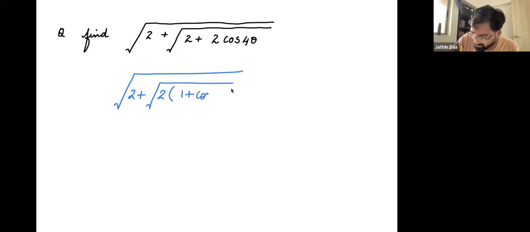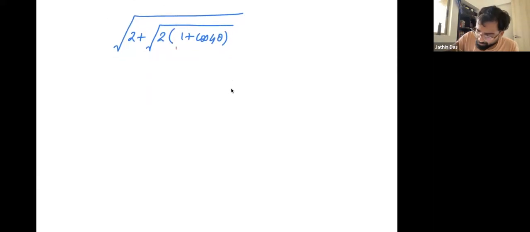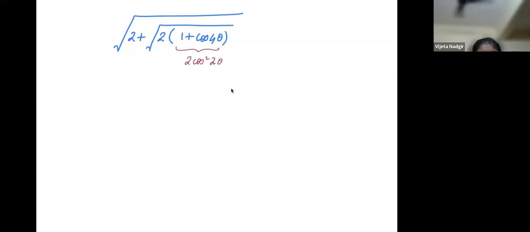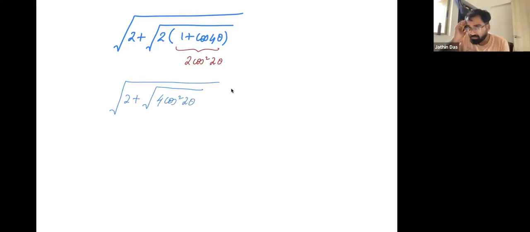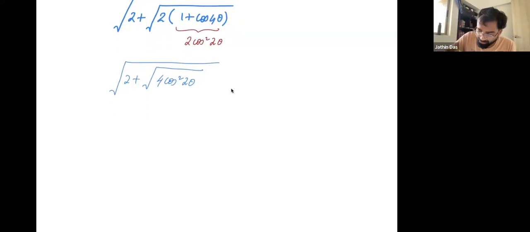Here I can take 2 common. So 1 plus cos 4 theta. Now you know 1 plus cos 4 theta is 2 cos square 2 theta. And like that you will have to start reducing. So 2 plus 2 into root of 4 cos square 2 theta. Here we don't know anything about the interval, so we ignore it.